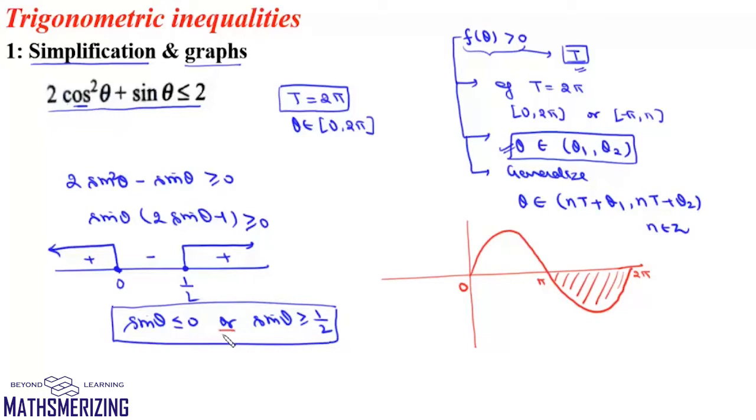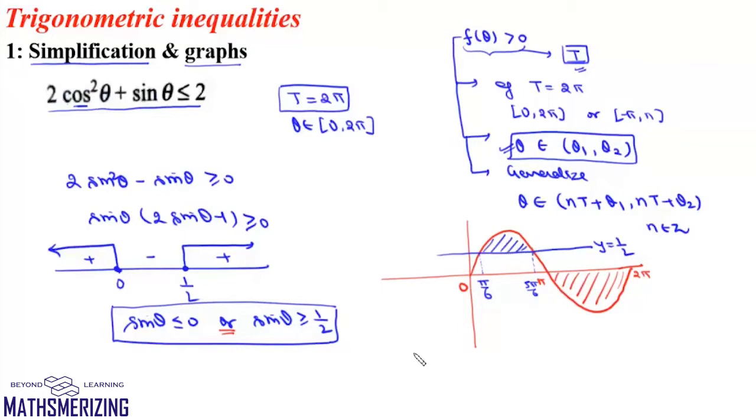Another solution is when sine theta is greater than or equal to 1 by 2. So we'll draw a line at 1 by 2. This is the y equals 1 by 2 line. Sine theta is 1 by 2 at pi by 6 and 5 pi by 6. So the other solution is the portion of the graph which lies above this line, that is this region.